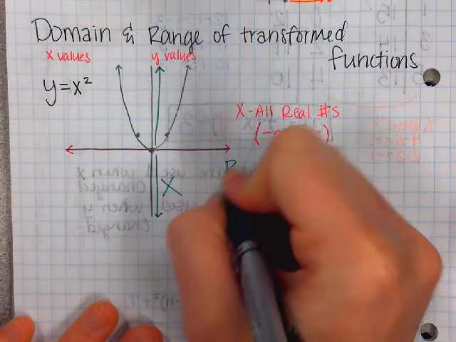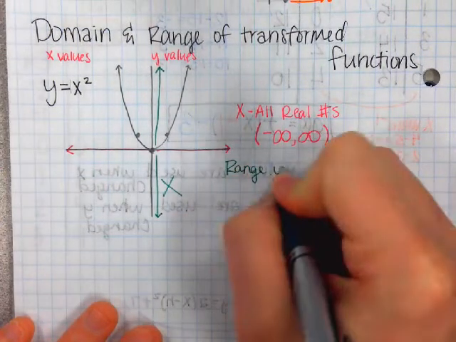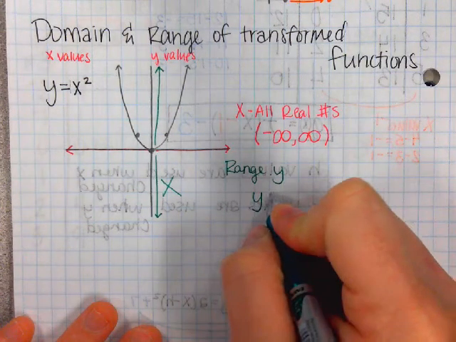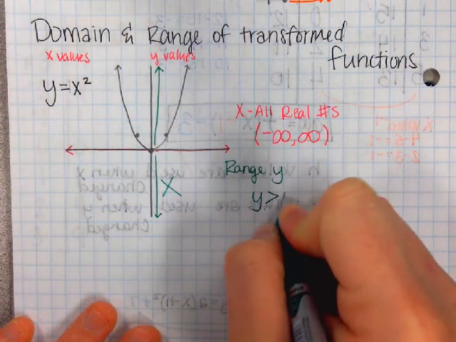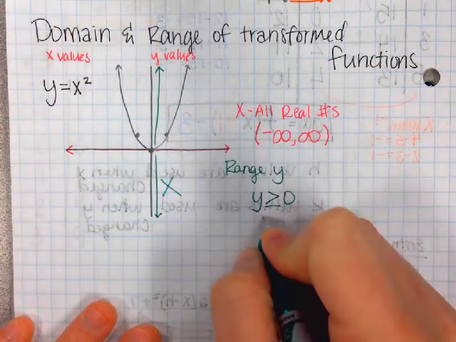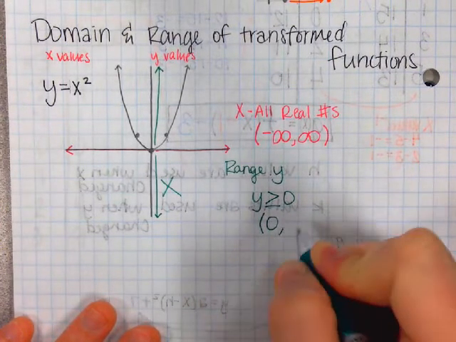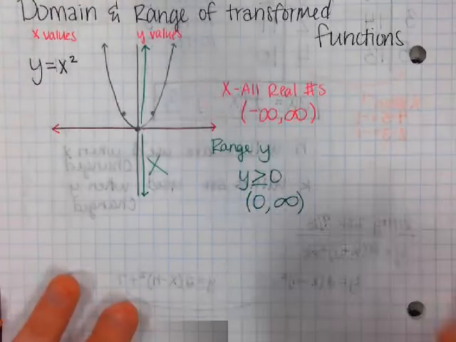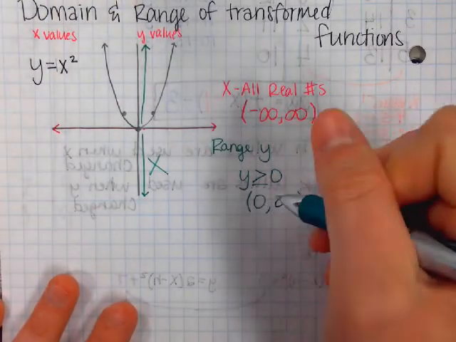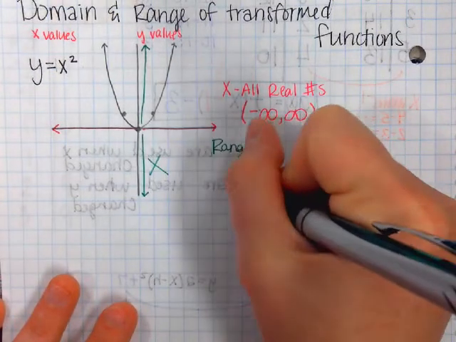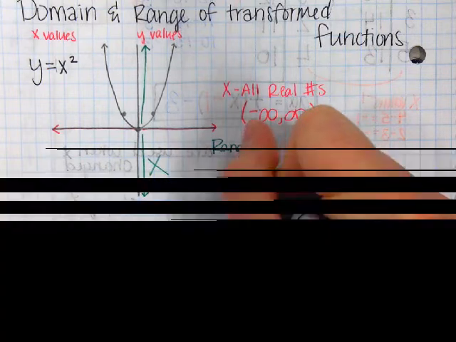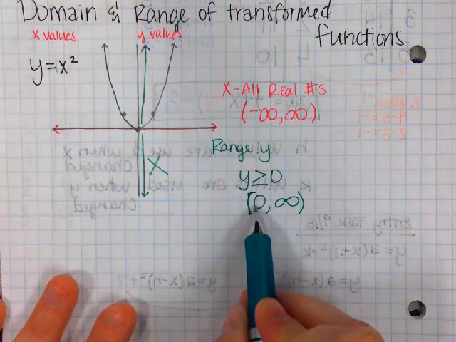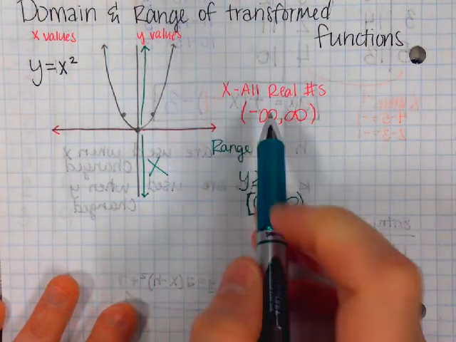So for range, or for y values, you would say y is greater than or equal to 0, or it goes from 0 to positive infinity. Remember, in interval notation, if 0 is included, which this one is, you would have to write it as a bracket, saying that 0 is included and it goes to infinity.